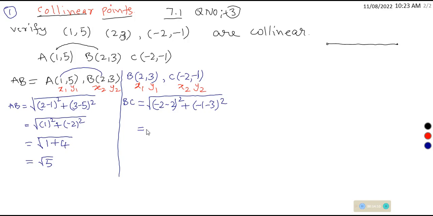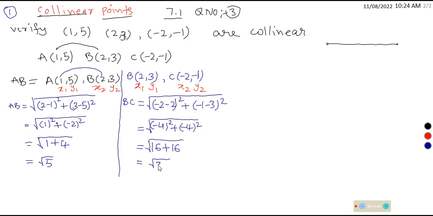Both are minus, so we should add: -2 minus 2 becomes -4 square, plus -1 minus 3 becomes -4 square. So (-4) square is 16, since a minus square is plus. So here also 16. 16 plus 16 becomes 32.